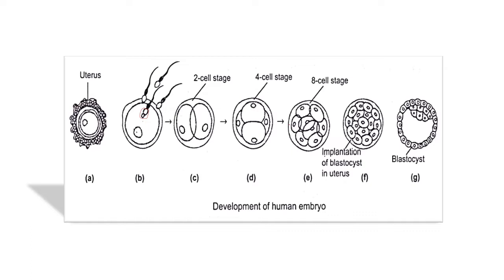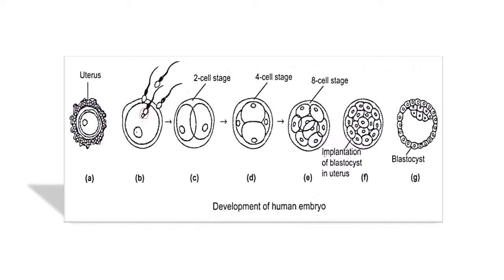So it allows only monospermy, not polyspermy, and it triggers the second meiotic division in the secondary oocyte and it becomes a fertilized egg, and the pronuclei of the sperm and ovum fuse together to form the zygote.